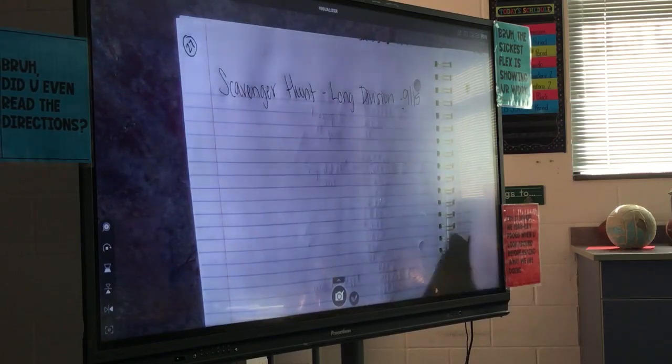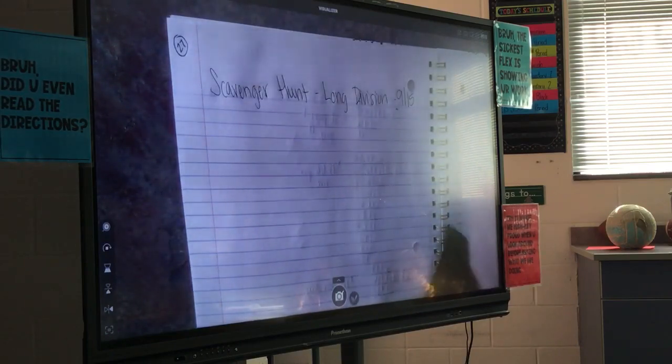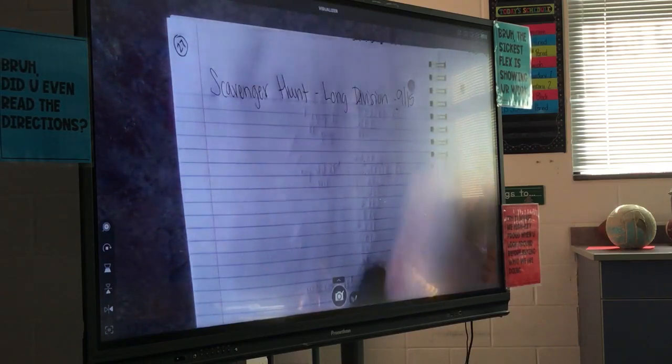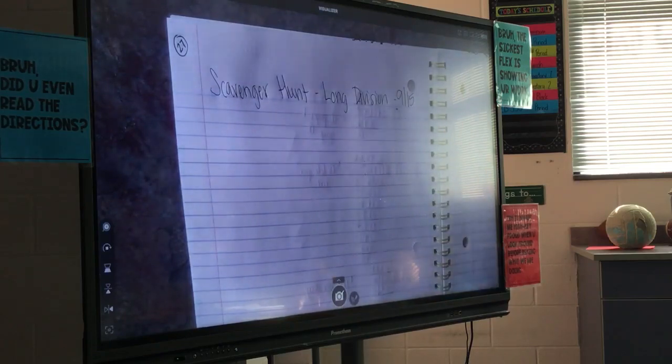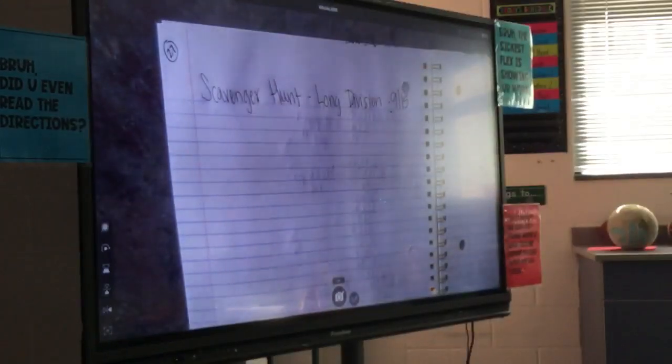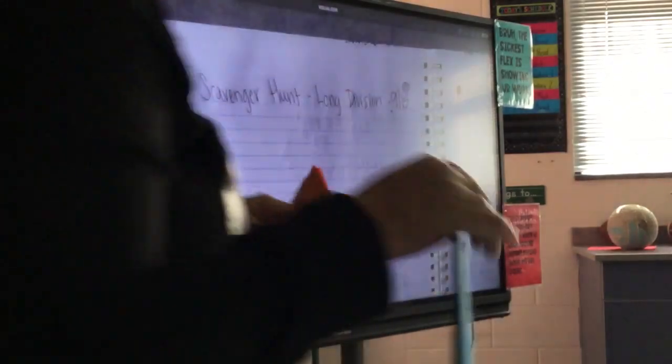There are going to be two different versions of the scavenger hunt today. One is going to be the orange, and one is going to be the blue. One is a little bit more difficult than the other, but not terribly.